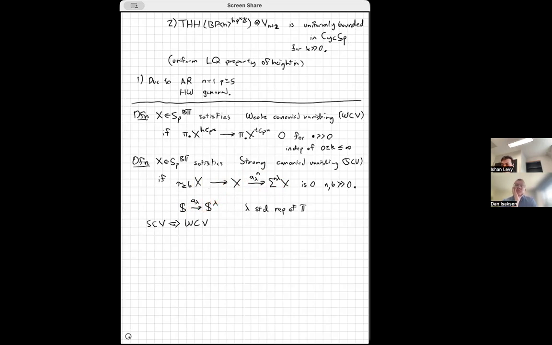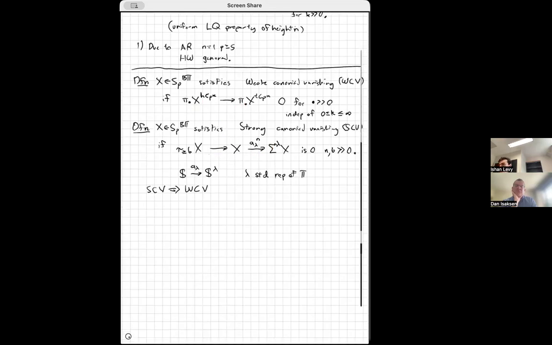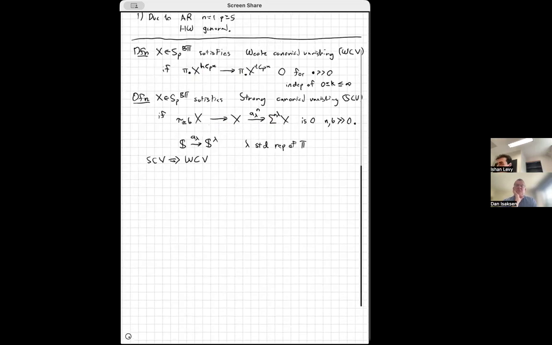It has a free action, and so this map, when you take fixed points by any subgroup, will give you this canonical map in high degrees. And so it vanishes because this map was 0. Okay. So that's strong canonical vanishing.